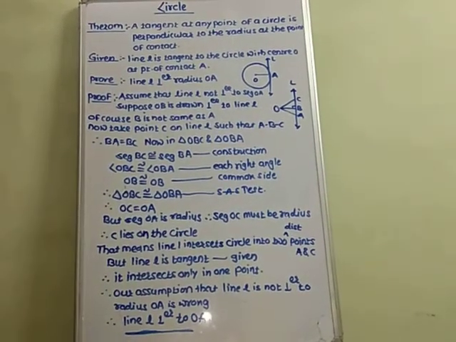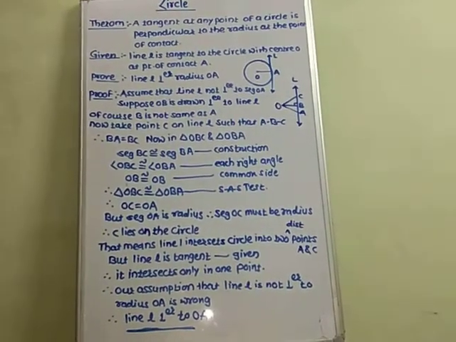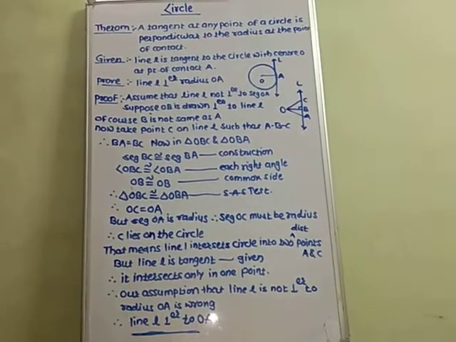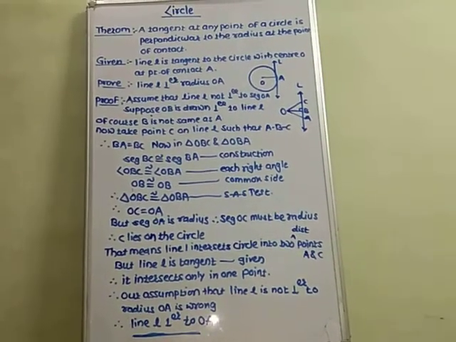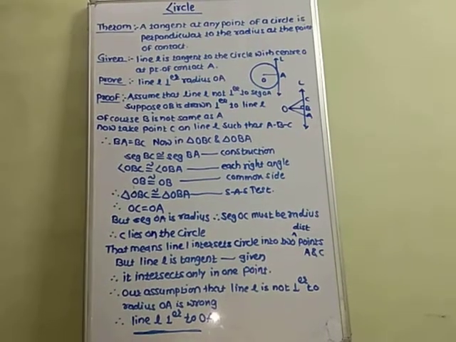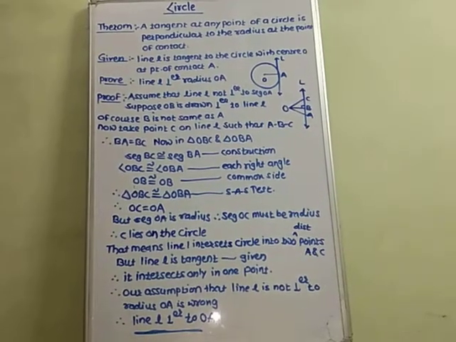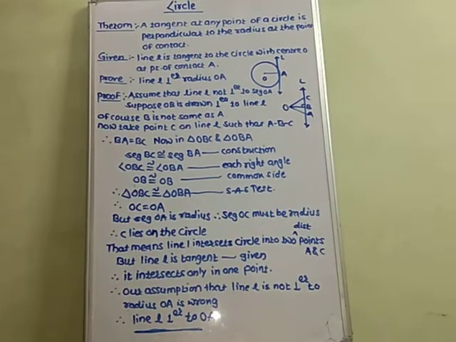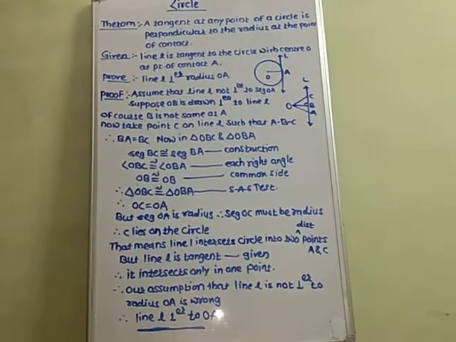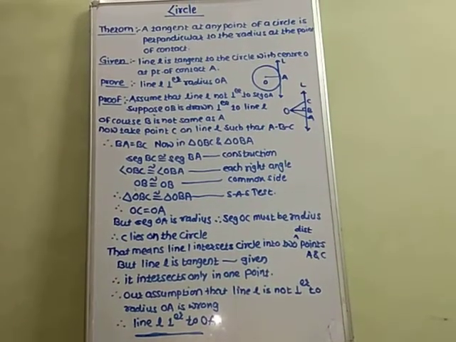Therefore triangle OBC is congruent to triangle OBA by the SAS test. Therefore OC is equal to OA, but segment OA is a radius, so segment OC must be a radius. Therefore C lies on the circle.